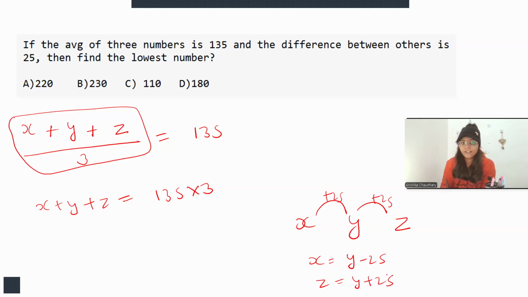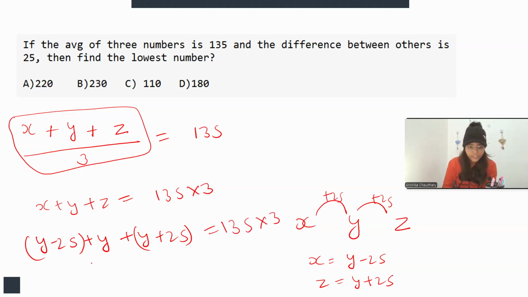Let's put these values in this equation. So it will become Y minus 25 plus Y, you can find the value according to X or according to Y, any variable you can put, right? I'm putting Y. Plus Y plus 25, right? This is the value of X, this is Y only, and this is the value of Z, and 135 into 3.